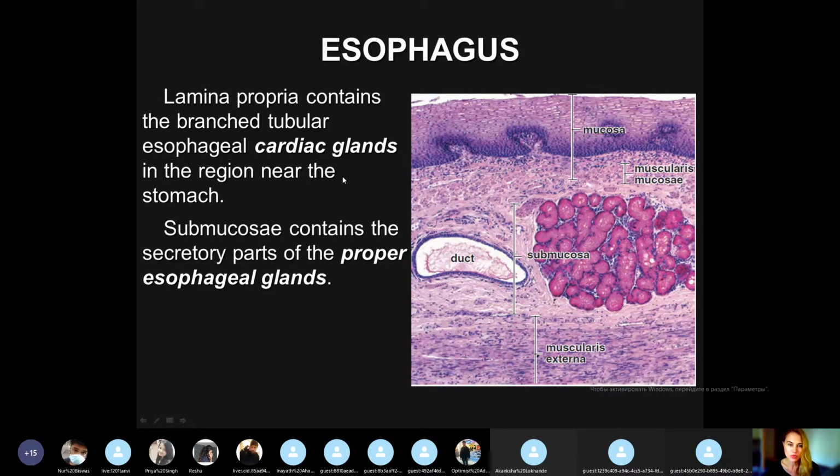Only in this part of the esophagus, we can find the cardiac glands. The proper esophageal glands are found in the submucosa. So here we can see tunica mucosa, here is submucosa, and here we can see the proper esophageal glands in tunica submucosa.